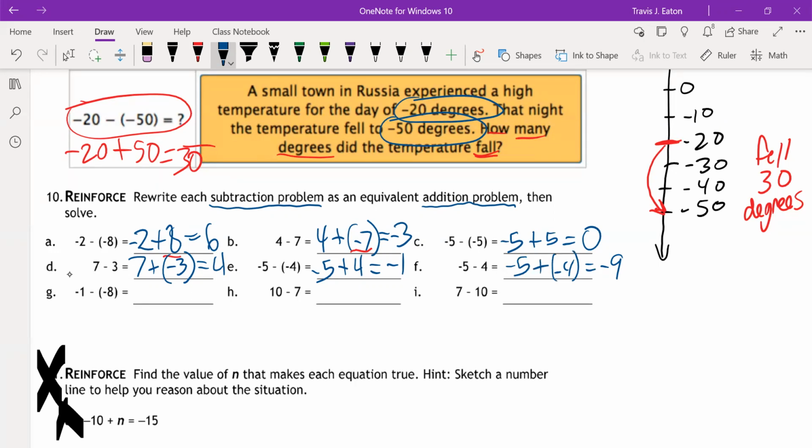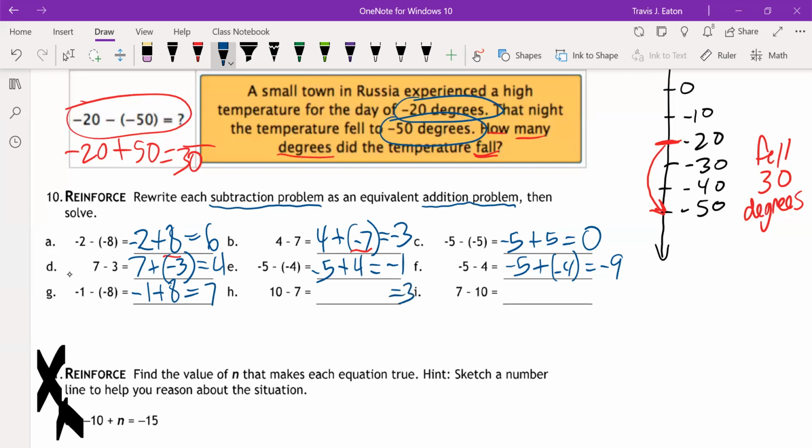Negative 1 minus negative 8. First number always stays the same. Subtraction changes to addition. And negative 8, the opposite of that is 8. Negative 1 plus 8, well, let's see. That's going to be 7. How come? Because I've got more positives than I have negatives. 10 minus 7, we already know the answer is going to be 3 because 10 minus 7 is 3.